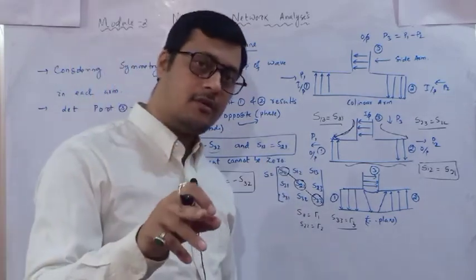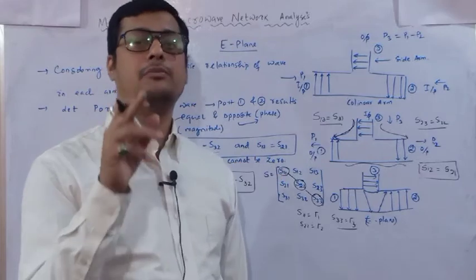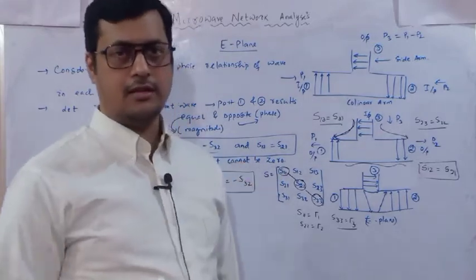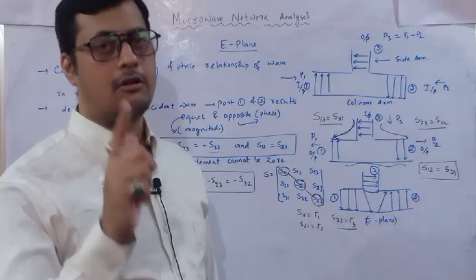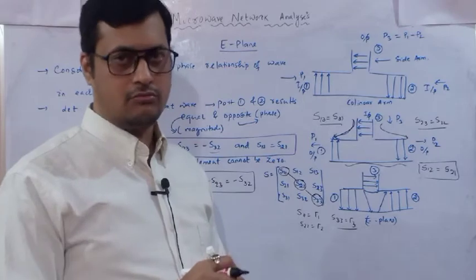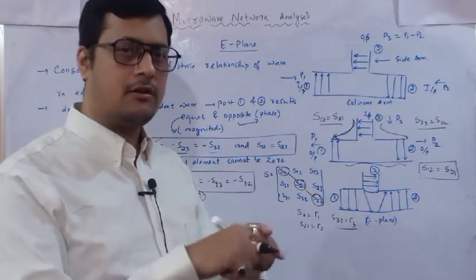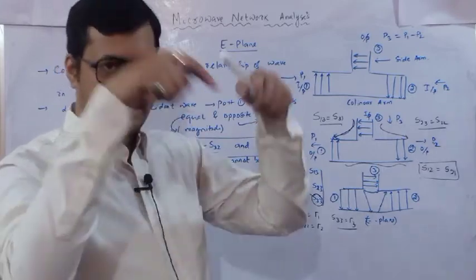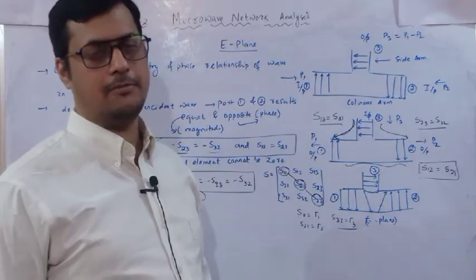One more relation is what? Since it is a poorly matched condition for this 3-port network, the diagonal elements may not be 0. How to make it 0? We have to identify in which particular port we are feeding the power. We have to perfectly match it so that maximum power can be injected into that particular port.